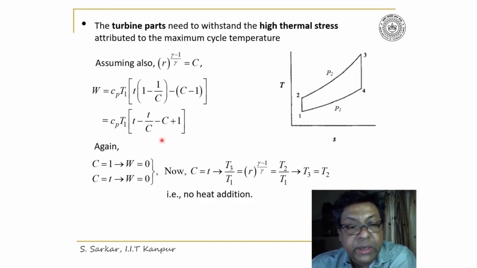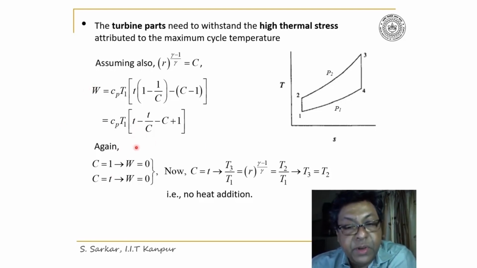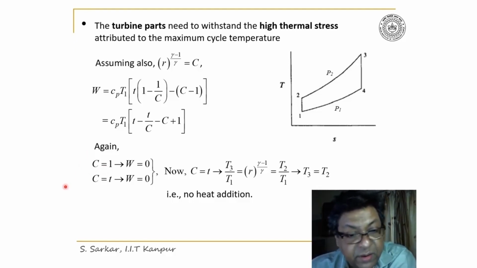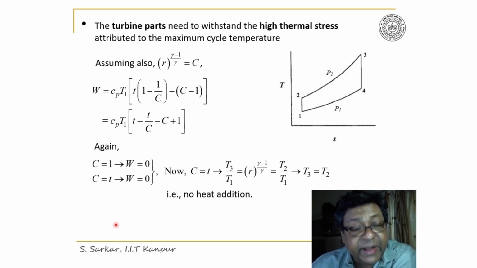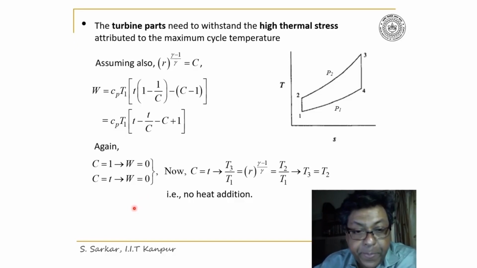So look, here specific output can be expressed in terms of maximum cycle temperature and the pressure ratio. Now again, when C is equal to 1, that means pressure ratio is equal to 1, the W is equal to 0. That is easy to appreciate. Now when C is equal to t, then also W is equal to 0.